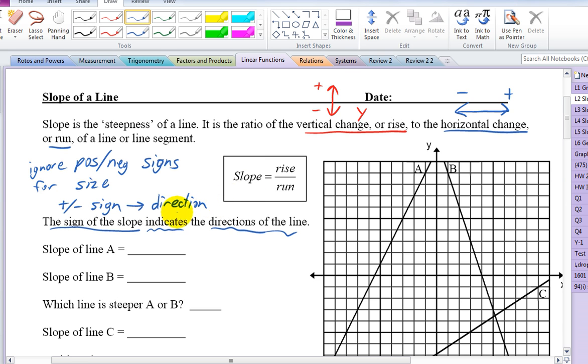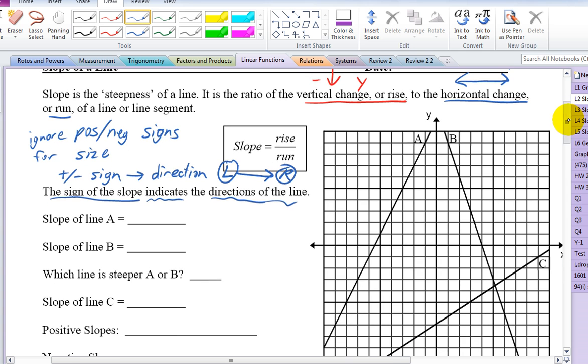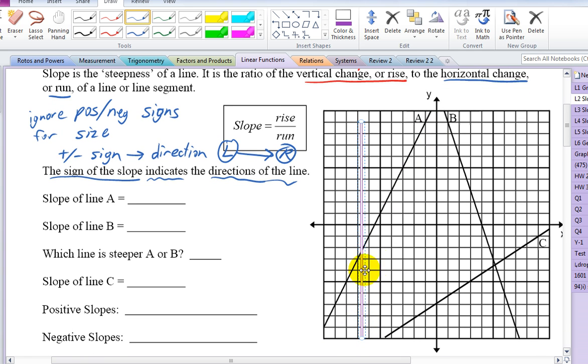So what we indicate here for direction is we're always talking about going from left to right, just like you read a book. So you read a graph or a grid like you read a book. So if I here have, look at A and B, those lines are opposites.